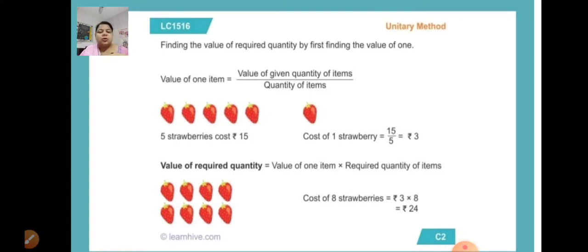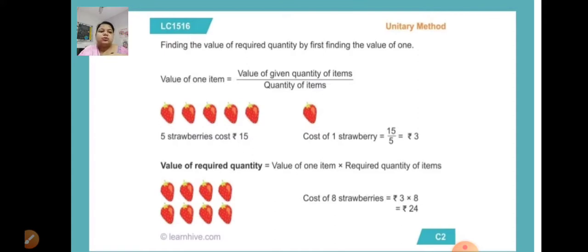Okay. Now the second step, from 1 to many, we will multiply. So value of required quantity now, whatever is asked in the question. Okay, so what will we do for this? Value of one item multiplied by required quantity of items. Okay, so value of one item we have calculated was rupees 3, and in this question it is asked to find out the cost of 8 strawberries.